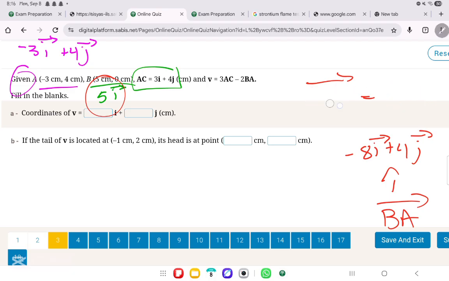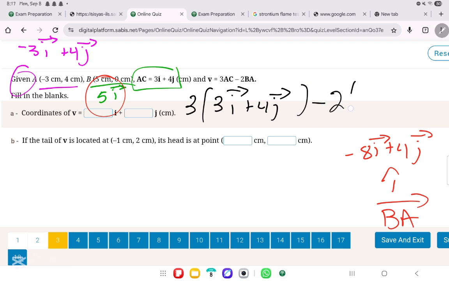So now that we have the value of BA, the only thing we need to do is to substitute. In this case, we need 3AC. So 3 times AC. What's AC? AC is 3i plus 4j, right? Minus 2 times BA. What's BA in this case? BA is minus 8i plus 4j. Now the only thing we need to do is expand.